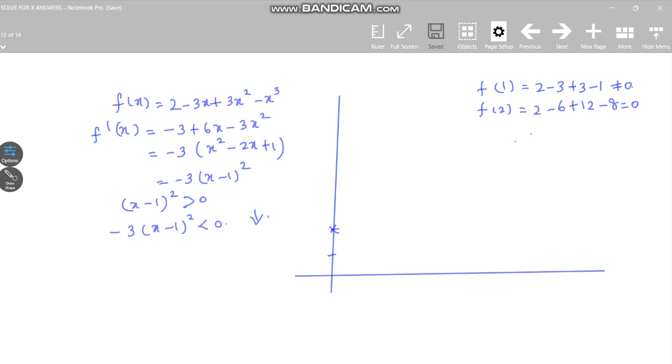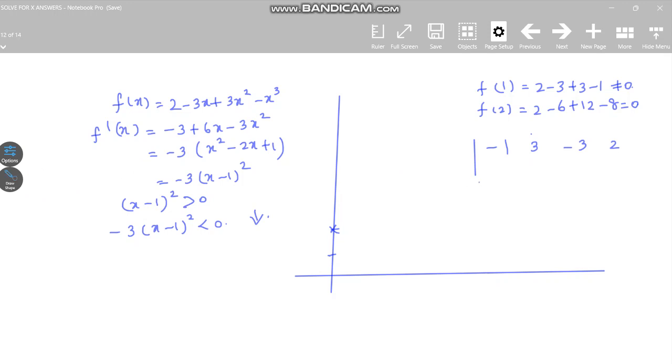So, let me go for the synthetic division of 2 minus 3x plus 3x square minus x cubed by x minus 2. I am arranging it in descending powers of x. So, minus 1, 3, minus 3 and 2. And what is going to be the number that I have to use for division?